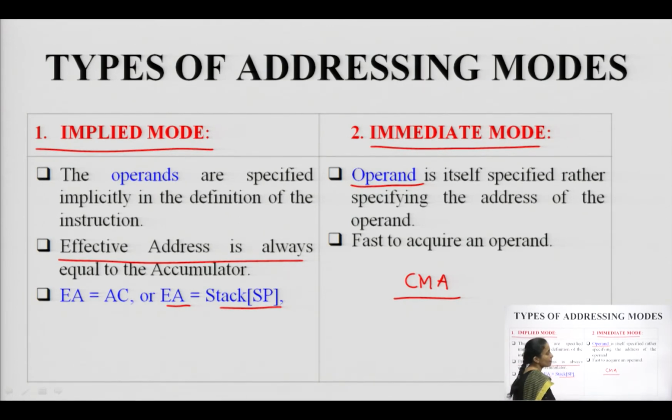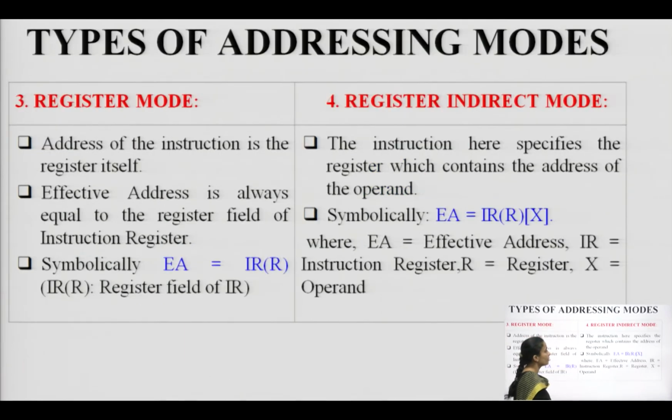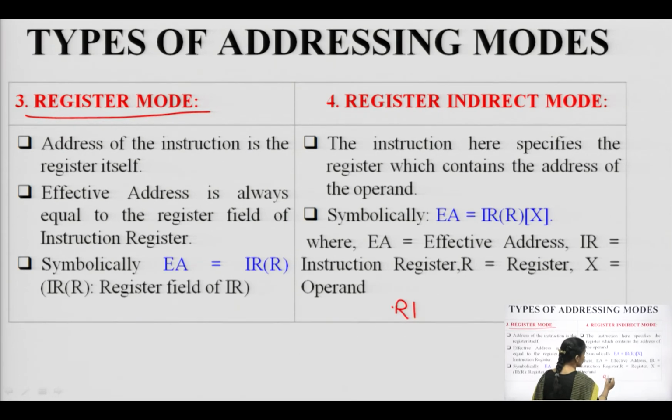These are very fast to acquire an operand. Third mode is register mode. In register mode, the address in the instruction is the register itself, that is, I will be specifying R1 or R2 in my instruction.